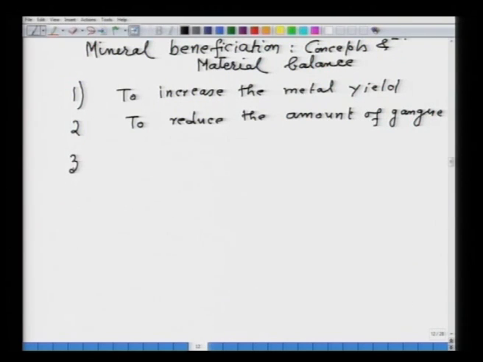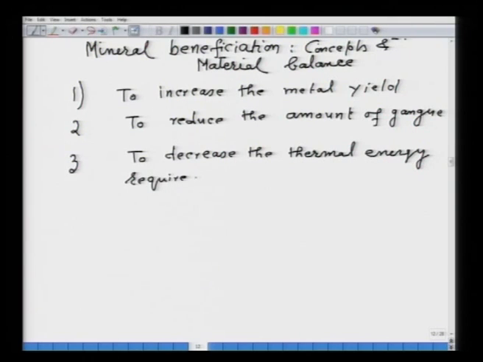The third advantage of increasing the metal grade of the ore is to decrease the thermal energy requirement in order to separate metal from gangue in pyrometallurgical technique, because, as I said, pyro means temperature.